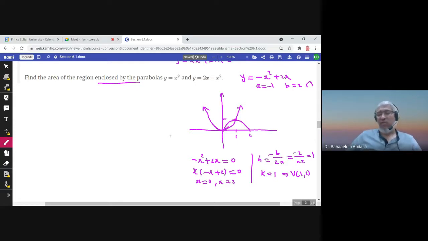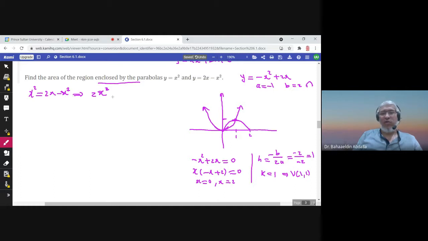But also you can find these intersection points algebraically. This is y equals x squared, and this is y equals 2x minus x squared. So if you put this y equal to this y, you will get the intersection points. If you take x squared to the other side, I have 2x squared.